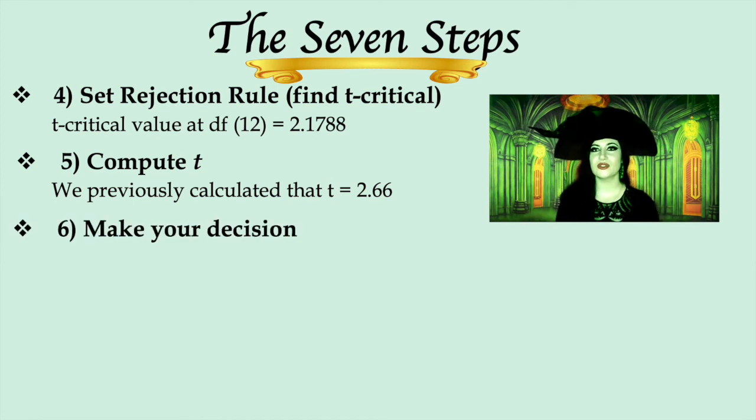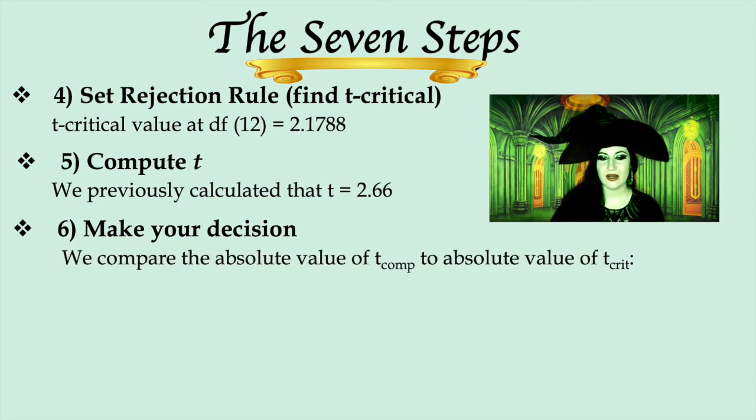Step 6 is to make your decision. Once again, we have to compare the absolute value of t computed to the absolute value of t critical. Is the value of t computed greater than or equal to t critical? If it is, then we reject the null and we conclude that there is a difference between the groups.